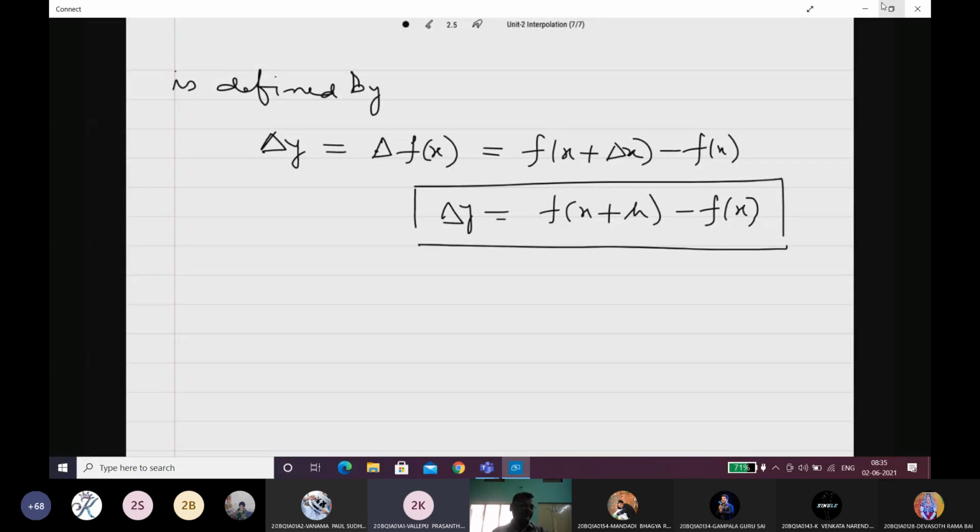Okay, no problem. Now the differences. What are the differences?